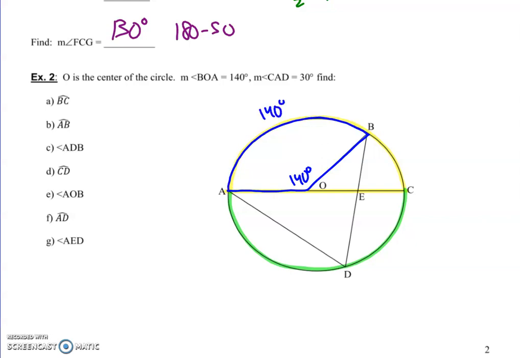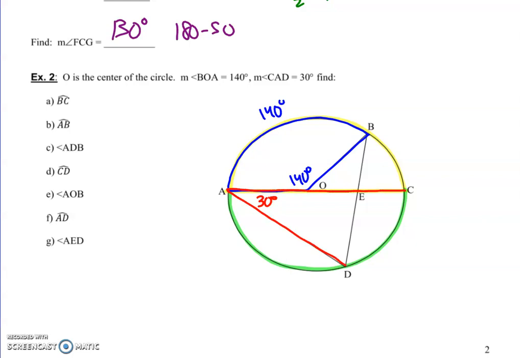I'm not going to find what is listed first in the list. I'm just going to get what's easiest. Next, I know the measure of angle CAD. CAD is 30 degrees. So that's this angle right here. That is an inscribed angle.